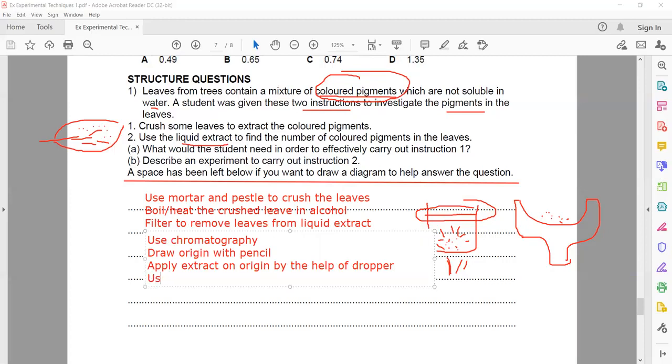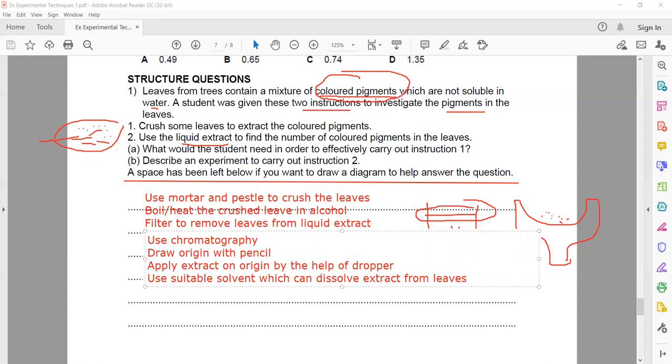Use a suitable solvent which can dissolve the extract from the leaves, and measure the RF values.